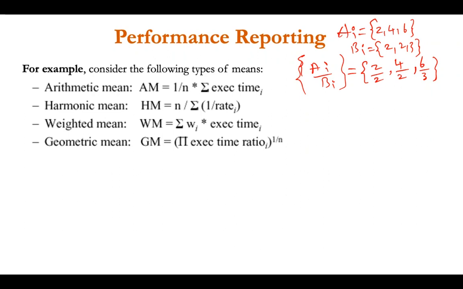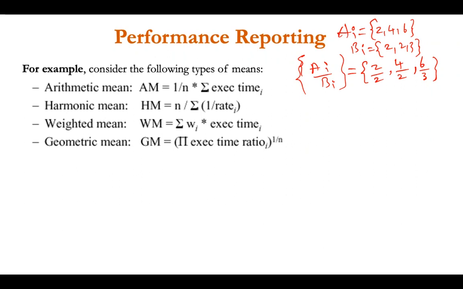So this is the performance reporting. As said, I'll repeat again. This performance reporting considers three elements: one is the hardware and software configuration, or evaluation process conditions, and performance summary. In the performance summary, it finds the average rates.